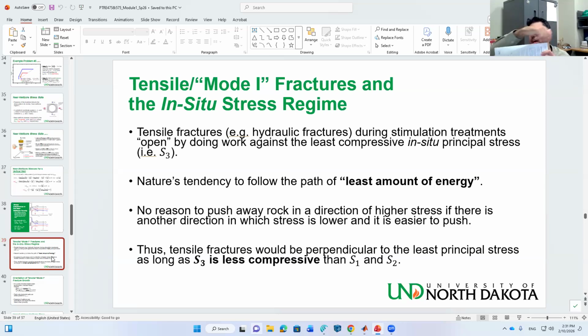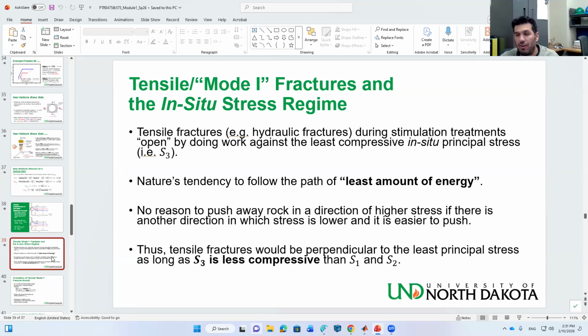It has a long dimension, height, and then width. The most important geometric aspect of a hydraulic fracture is the width. It opens always by doing work against the least in situ stress at that particular location. That was Hubbert and Willis' revolutionary paper from 1957 that came up with this concept.